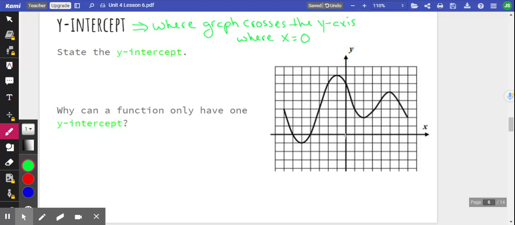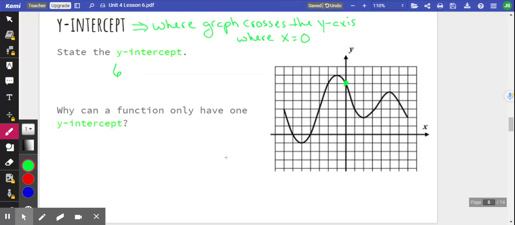So if I find my y-intercept, I've got to look at the y-axis where x is 0. And just like I had to do for other points on my warm-up questions and on the last question, I've got to look up to where that graph is. And right here is where this squiggly graph crosses our y-axis. So what number does it cross at? 1, 2, 3, 4, 5, 6.